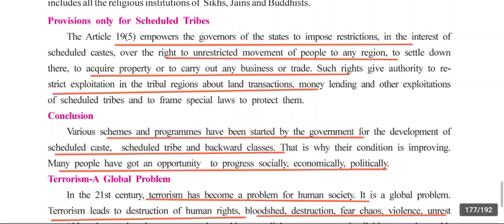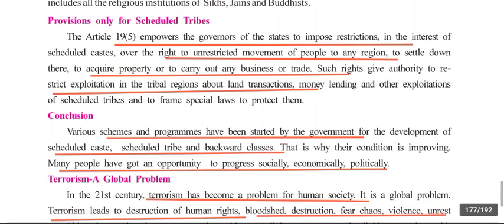For example, there is a law stating that non-tribal people, people like us, cannot buy lands from the tribal people. So our fundamental right of buying anything anywhere has been restricted for the purpose of saving tribal people from exploitation. So there are certain rules and regulations, powers provided to state governments to restrict our fundamental rights.